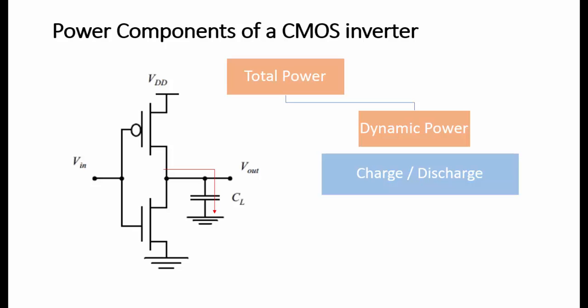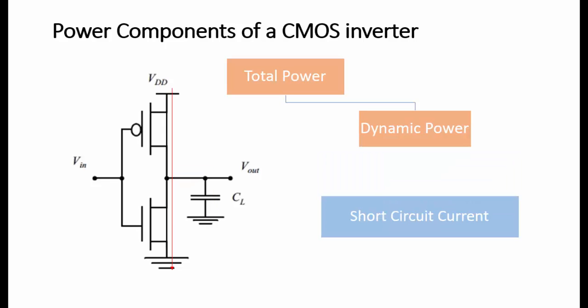Dynamic power consumption is due to the current that flows when the transistors are switching from one state to another. This is a result from switching current plus the current that flows from source to ground when the PMOS and NMOS transistors are on briefly at the same time during the logic transition.